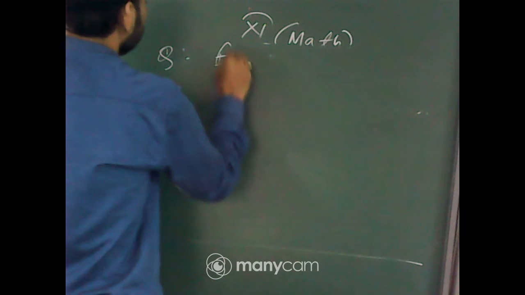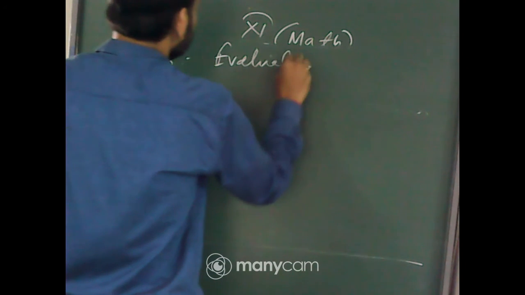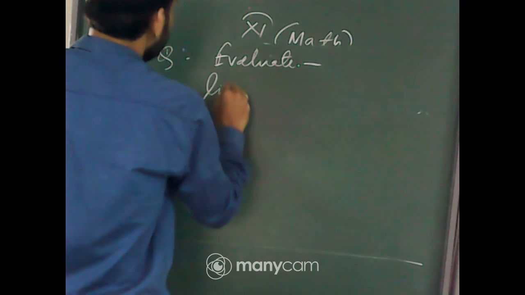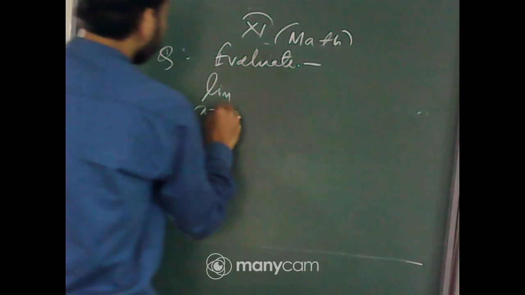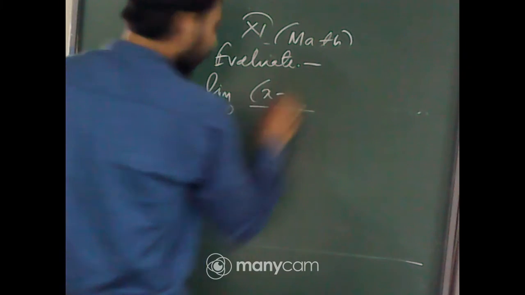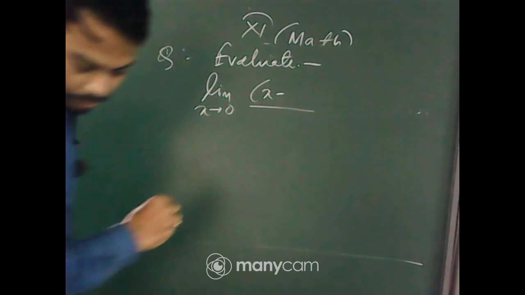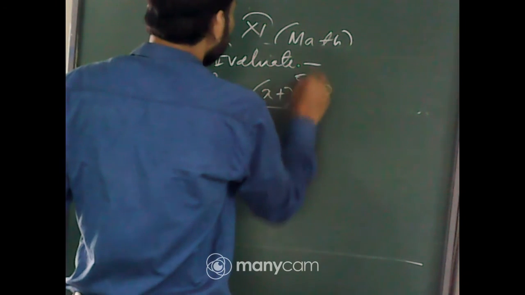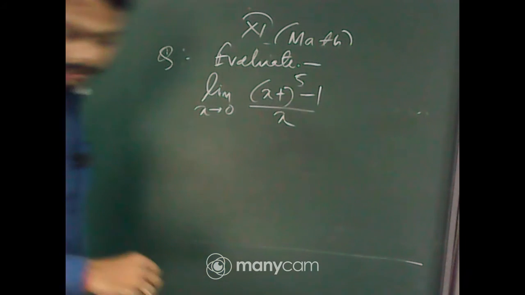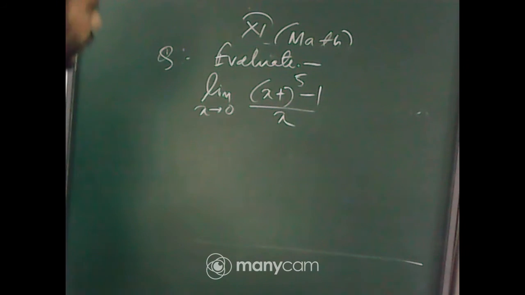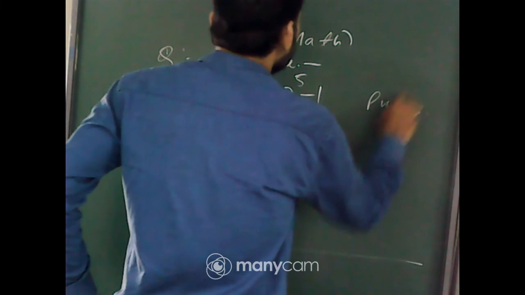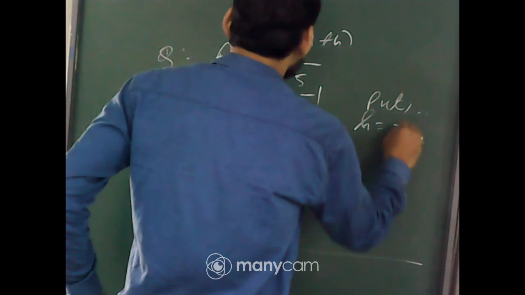Evaluate limit x tends to 0 of (x plus 1) to the power 5 minus 1 by x. Put here h equals to x plus 1.